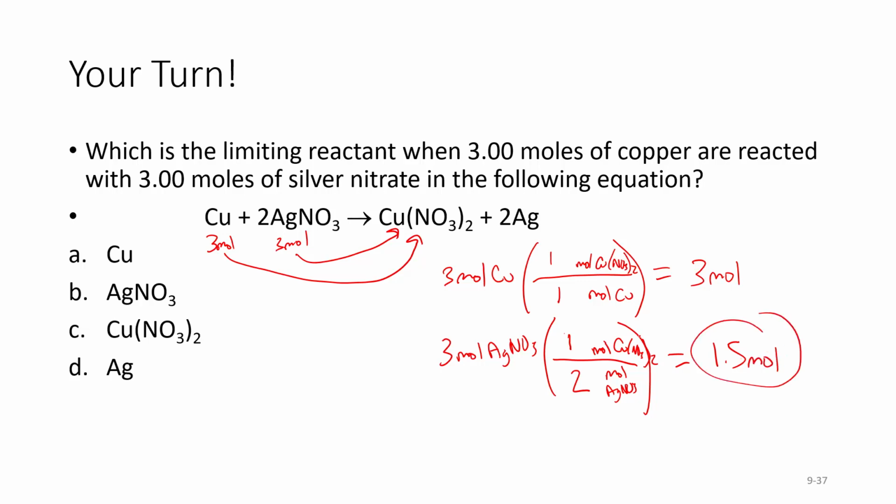This is our theoretical yield of copper nitrate, and this is still our limiting reactant. So no matter which product you convert this to, it's going to give us the same answer. You just have to make sure that both of the reactants go to the same product.